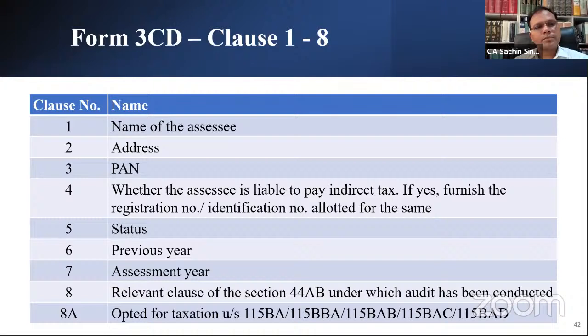There are a few amendments also, so we will discuss that part too. If you have any query on any other point which I am not taking up for discussion, please feel free to ask those questions as well. Okay, so come to Form 3CD.